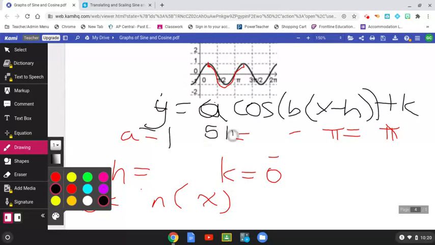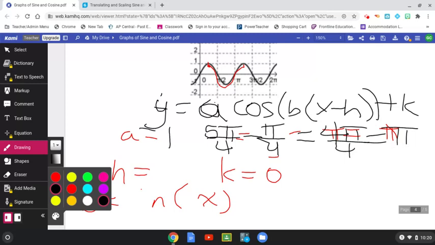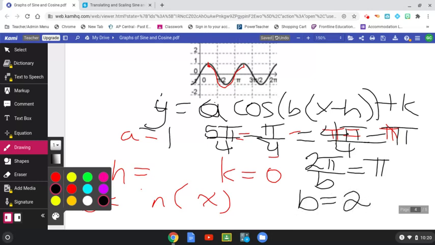If I take 5 pi over 4 and subtract pi over 4, I get 4 pi over 4, which equals pi. Then 2 pi over b equals pi, and solving for b, we get b equals 2 again.